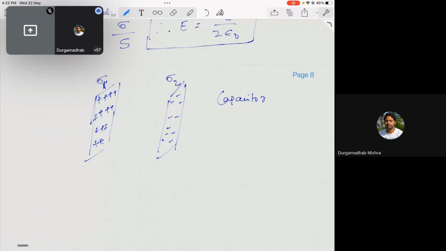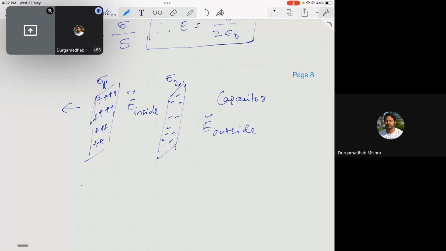So now you can calculate what will be the electric field inside the plates and what is the electric field outside. Because now there will be a contribution from both the sheets or both the plates.